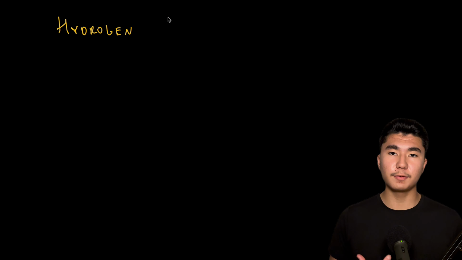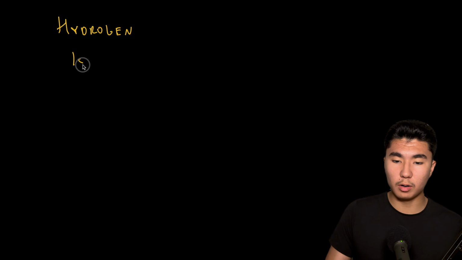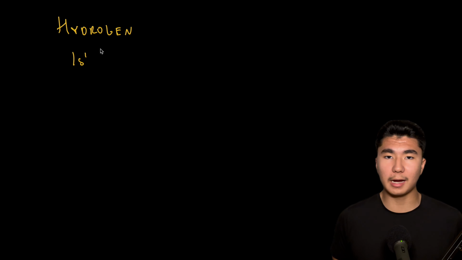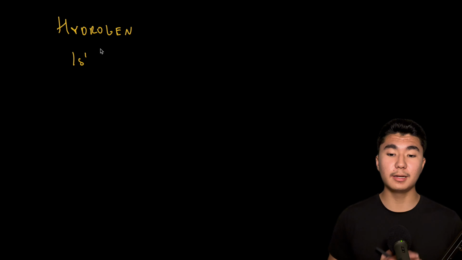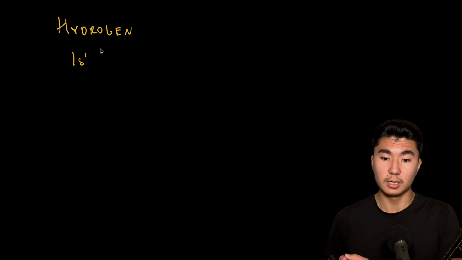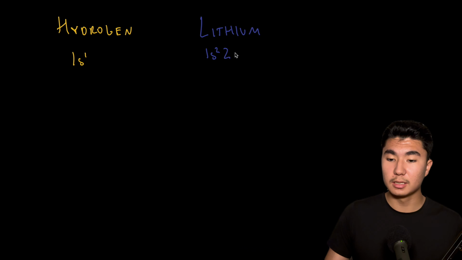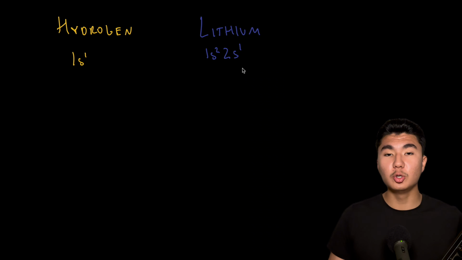So for example, if we were looking at hydrogen, our electron configuration would just be 1s1, because if we look at the periodic table, hydrogen is the first element, and since it only has one electron, the first orbital we have to fit it in is a 1s orbital, so it'll be shown as 1s1. In lithium, we fill in that 1s orbital and we fill in the next s orbital, which is 2s. So this would be 1s2, 2s1.